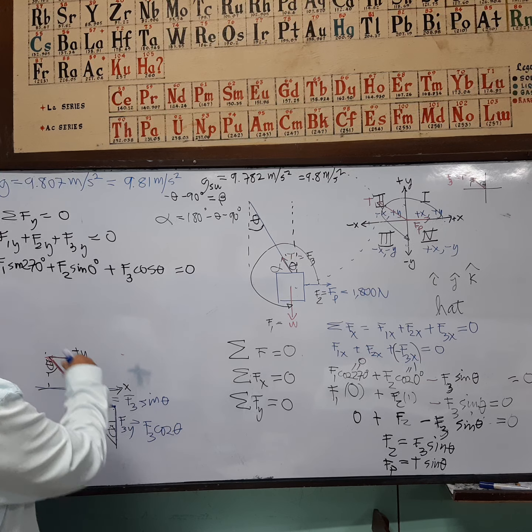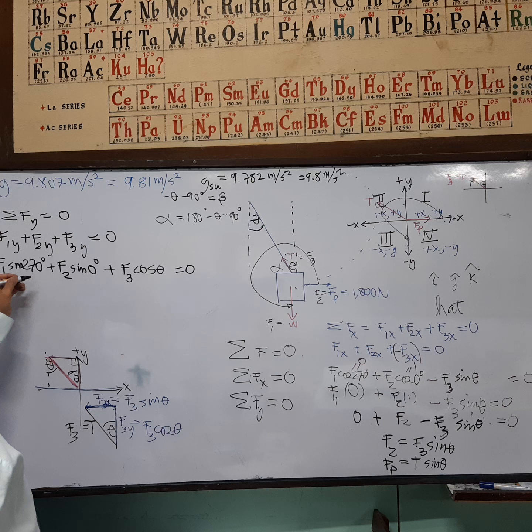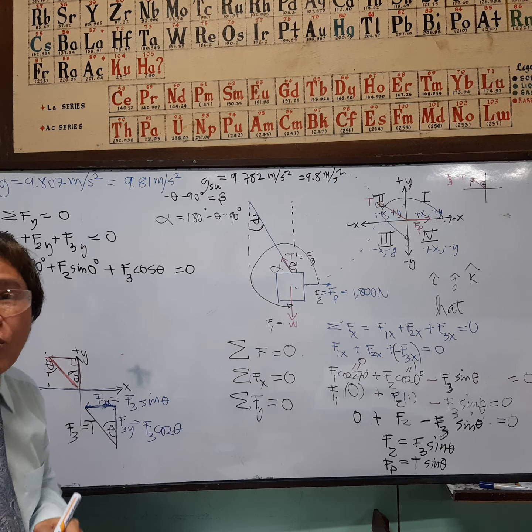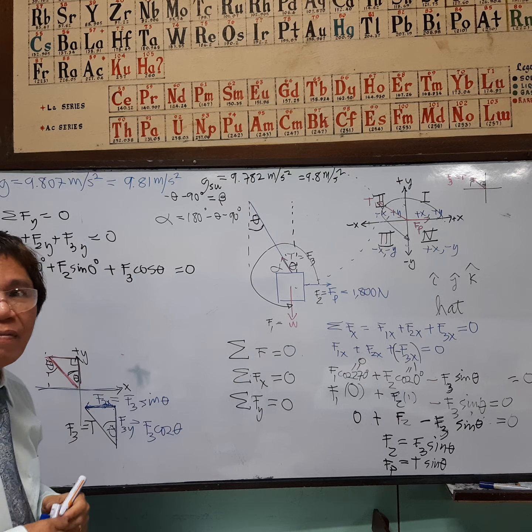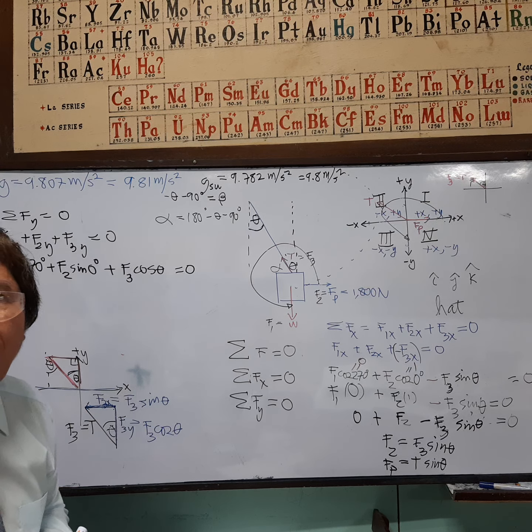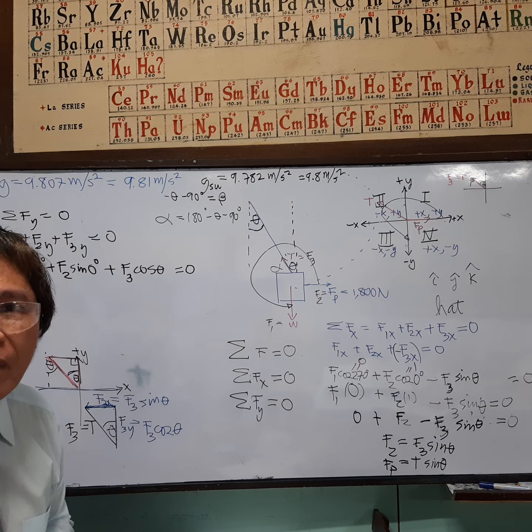So here, F1 sine 270 degrees. What is sine 270 degrees? I will answer my question: negative 1.